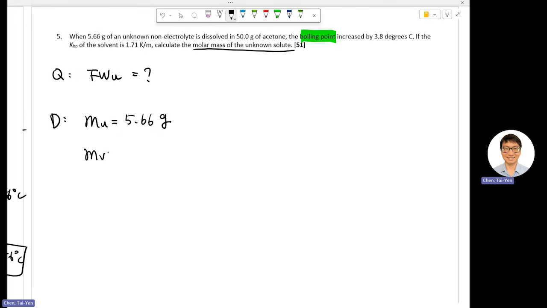Mass of your solvent is 50.0 gram. The delta Tb is 3.8 degrees C. The K is 1.71 degrees per molal. So these are all the things that you have.